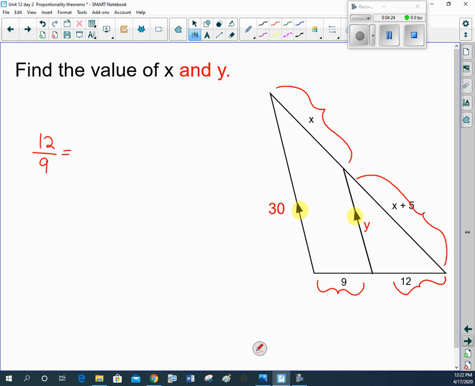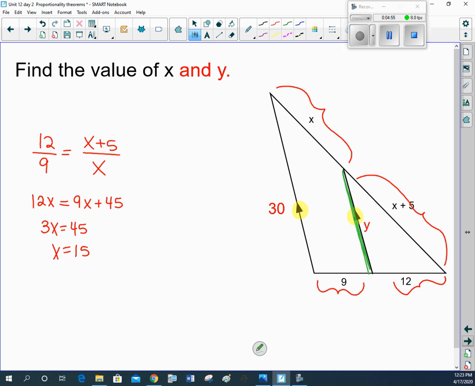So x plus 5 over x. So I'll go ahead and multiply that out and get my answer. So 12x equals 9x plus 45. Subtract our 9x, so 3x equals 45. So x equals 15.